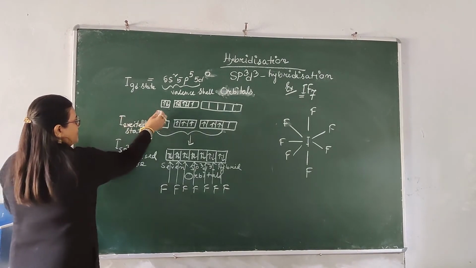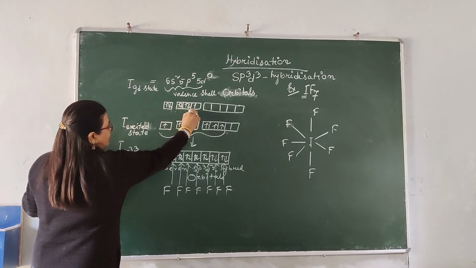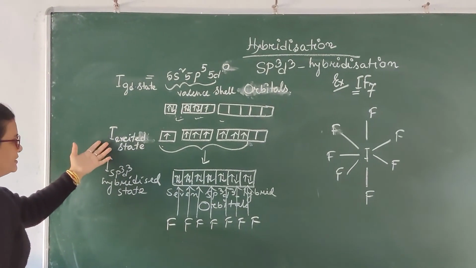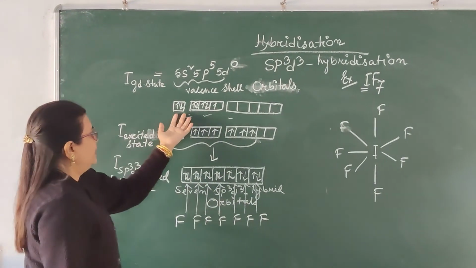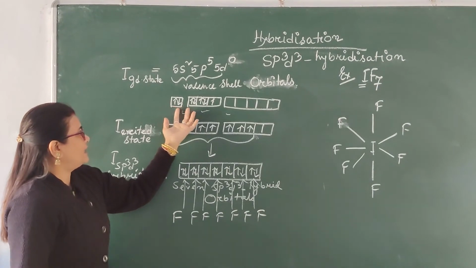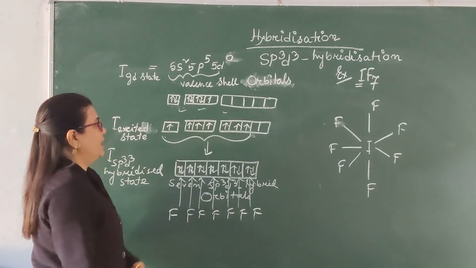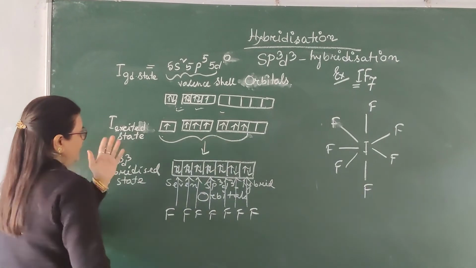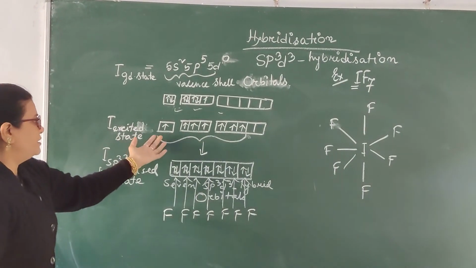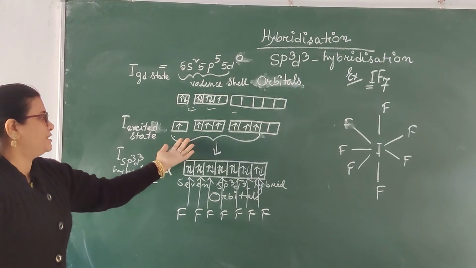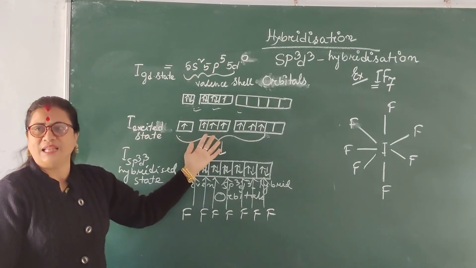Now, in the ground state, this is the configuration of 5s, 5p, and 5d. But in the excited state, the 3 electrons from the s and p orbitals will jump to the d orbitals, and in this state the 7 orbitals will be half-filled. That means they have 7 single electrons.